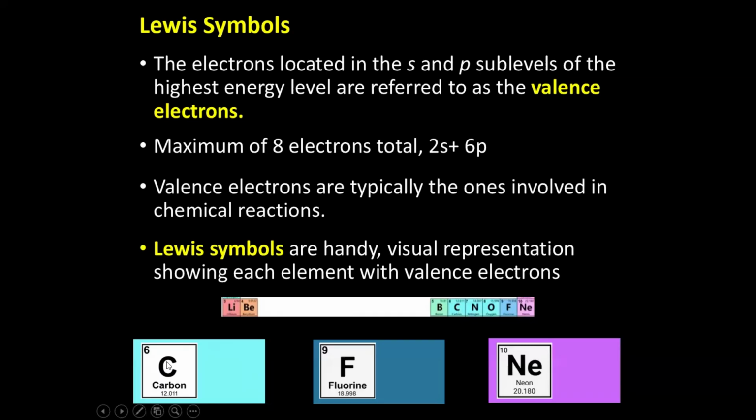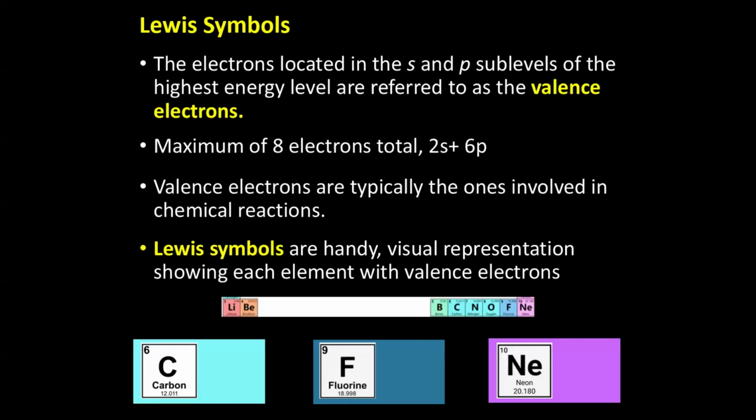So I did carbon because people, when they first start doing Lewis symbols, they want to put all 6 dots around carbon. But you have to remember, you look at what energy level it's in. So it's in this second period in the periodic chart. And the first 2 electrons would be in the 1s orbital. So the 2s orbital and the 2p orbitals are the only electrons that we're concerned with.